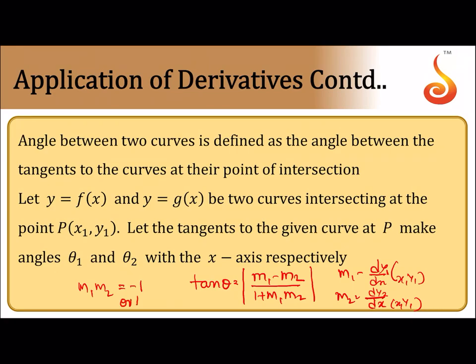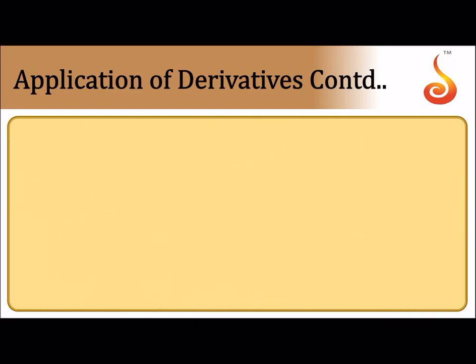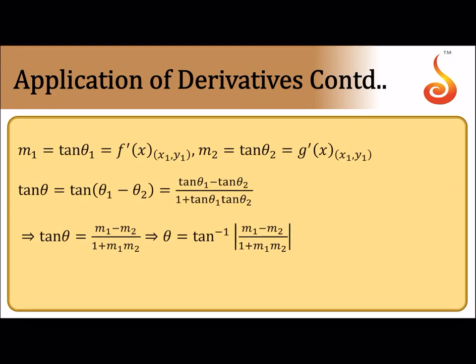So tan theta is equal to m1 minus m2 upon 1 plus m1 m2. When m1 m2 is equal to minus 1, then we say two curves intersect orthogonally.